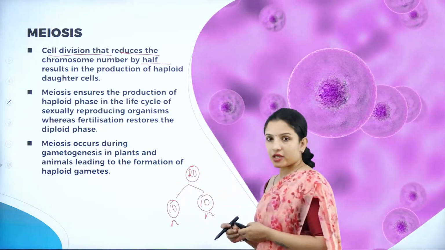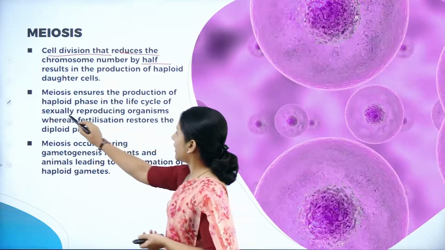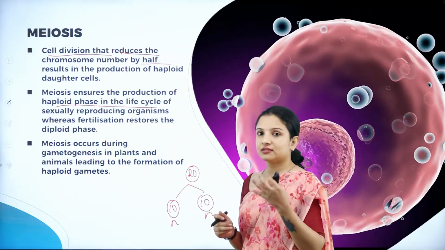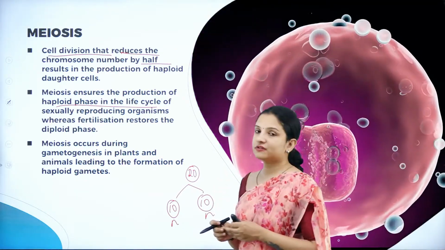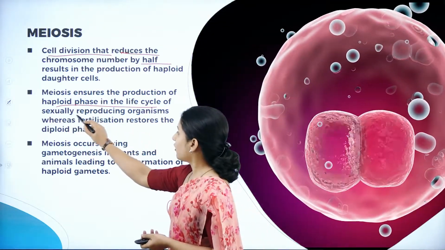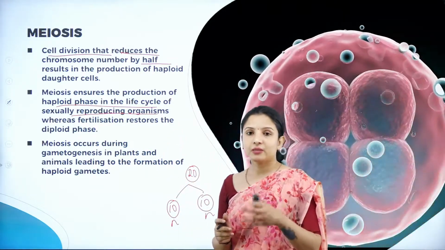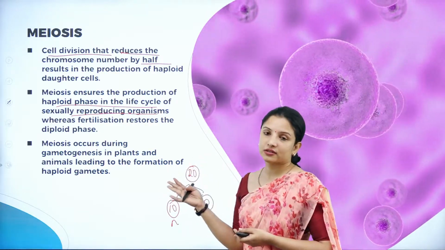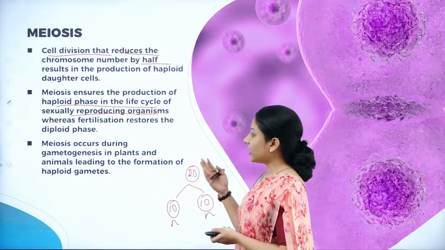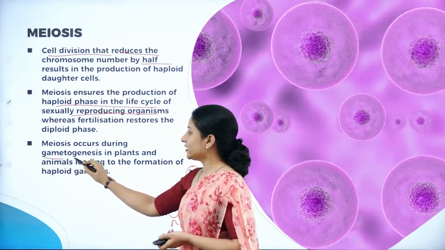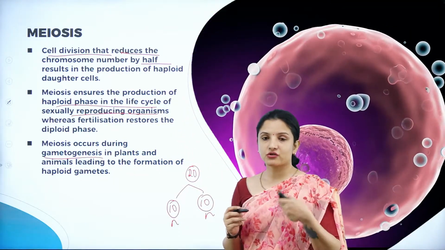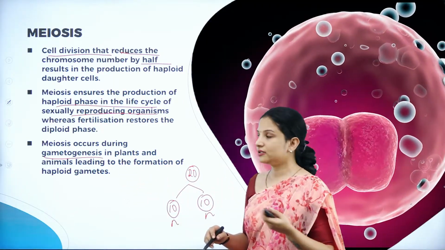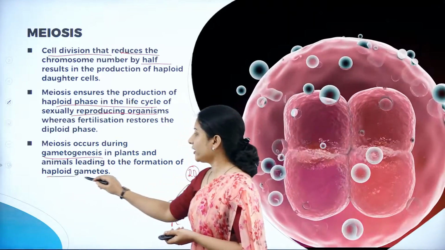So, meiosis makes sure of the production of the haploid phase in the life cycle of sexually reproducing organisms, wherein it helps in restoring the diploid stage at fertilization. Therefore, it usually occurs in the gametes of the organism, and meiosis occurs especially during gametogenesis, that is during the formation of the gametes, the male and the female gametes in plants and in animals, leading to the formation of the haploid gametes.